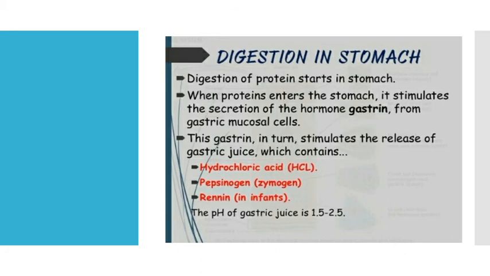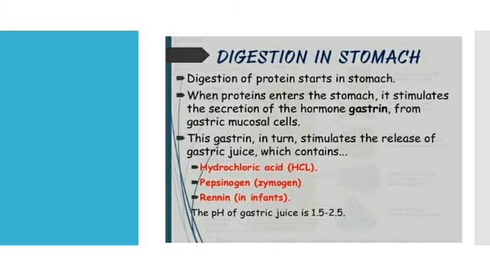Digestion in stomach. Digestion of protein starts in the stomach. When protein enters the stomach, it stimulates the secretion of the hormone gastrin from gastric mucosal cells.